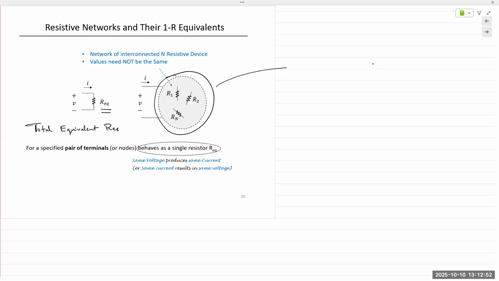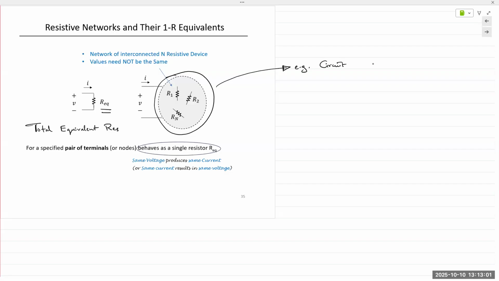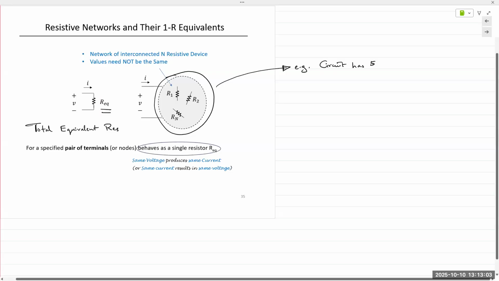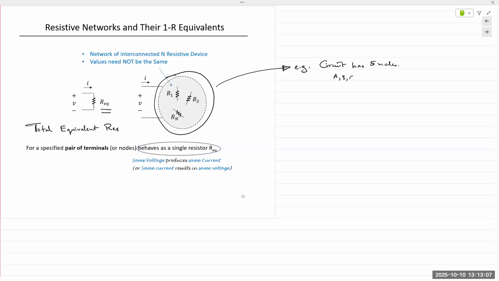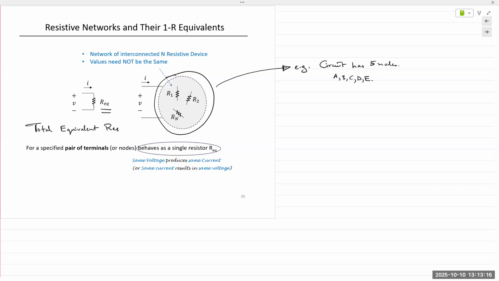So let's say this network has 5 nodes, A, B, C, D, E. The total equivalent resistance between any two nodes is never the same. Okay, it's always different depending on the configuration.